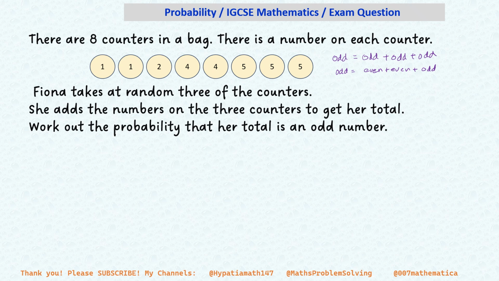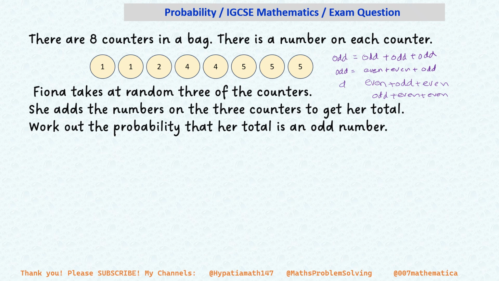Now the ordering matters. One of the cases is Fiona picks an even number first, then an even number, and then an odd number. She could also pick an even number first, then an odd number, and then an even number, or she could pick an odd number first, then an even number and then an even number.